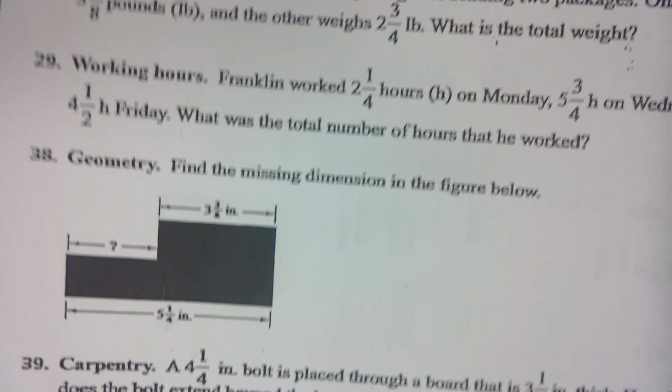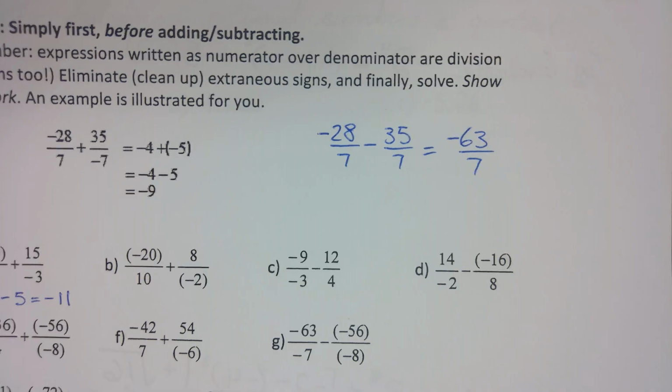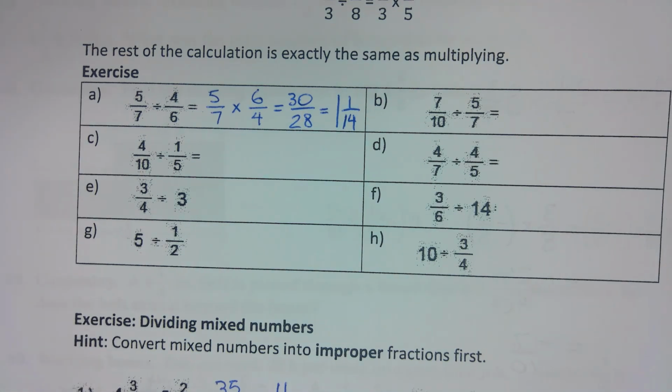Between adding, subtracting, multiplying, and dividing, adding and subtracting is the harder part. So try all these practice questions. Answers are given for some. We can take up some questions tomorrow and share some answers if you need. But for the rest of the class, let's work on these questions up to page 17.